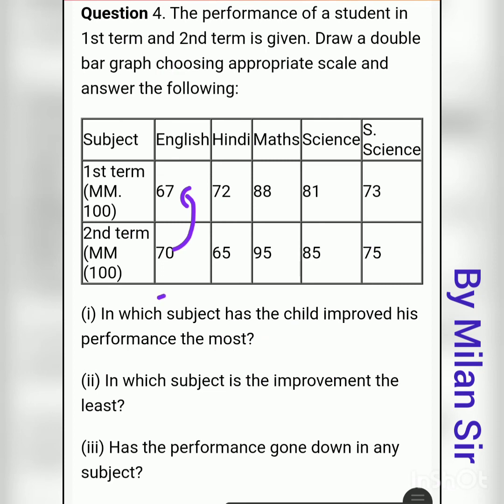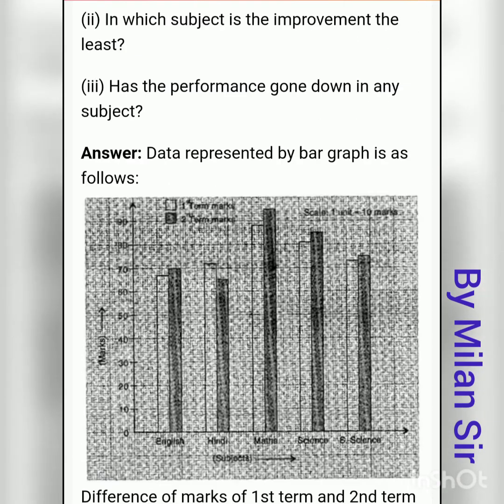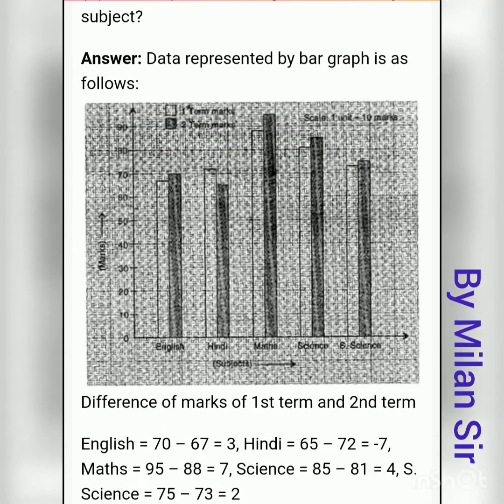So 70 minus 67, 3. 65 minus 72, minus 7. 95 minus 88, 7. 85 minus 81, 4. 75 minus 73, 2. So the highest improvement is in maths, right? So he has most improved in the maths subject.